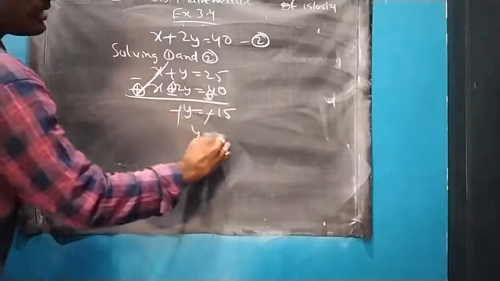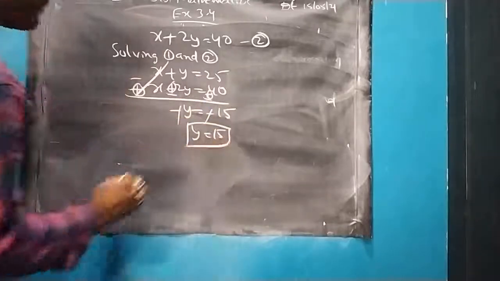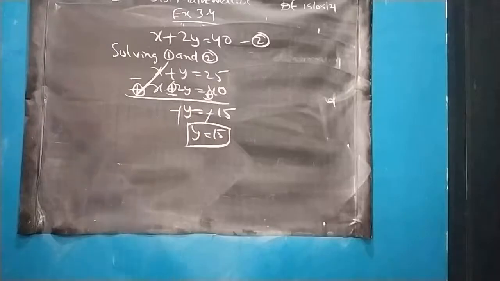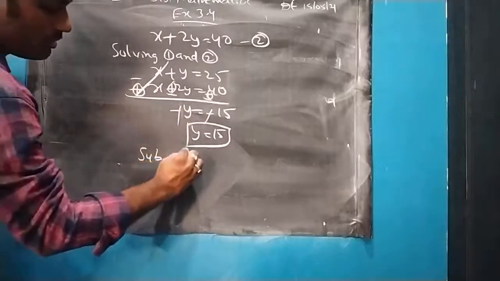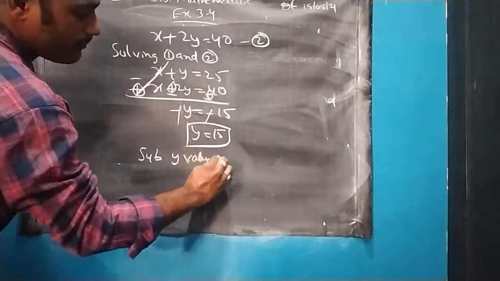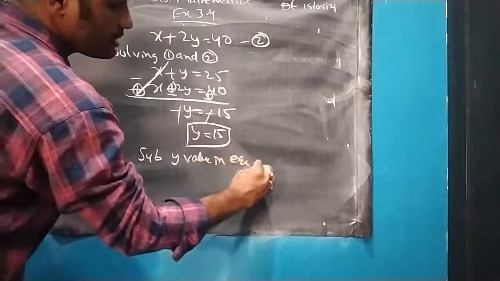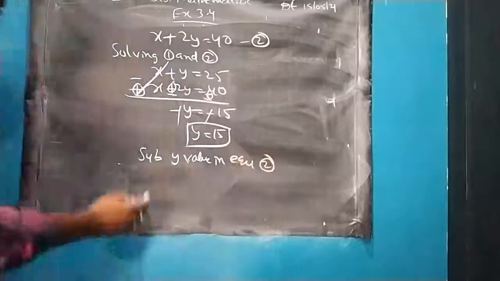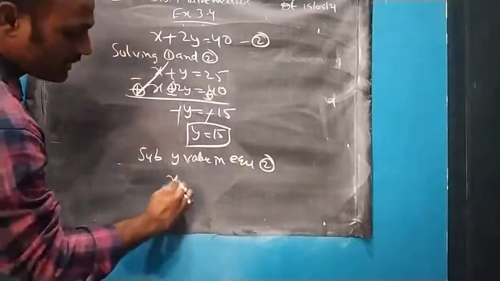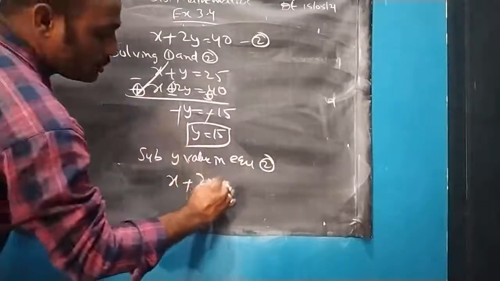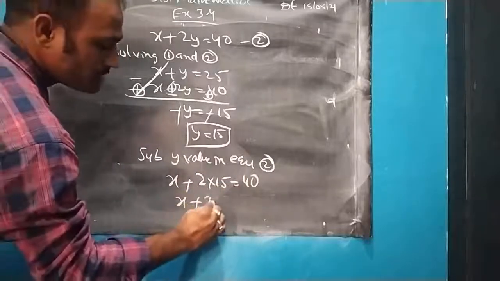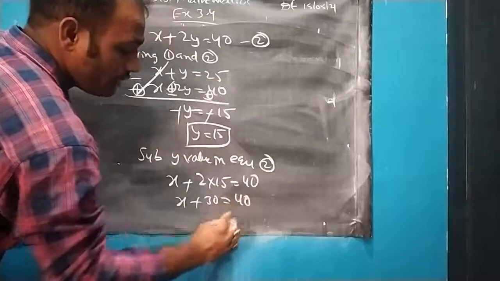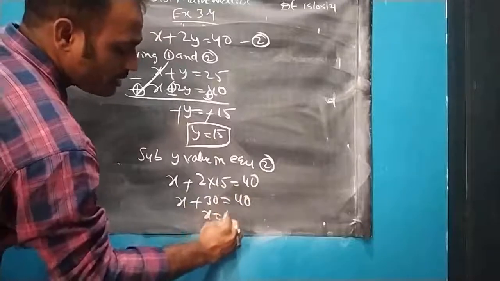So y is 15. After getting y value, substitute y value in equation 2. x plus 2 into 15 is equals to 40. So x plus 30 is equals to 40. So x value is 10.